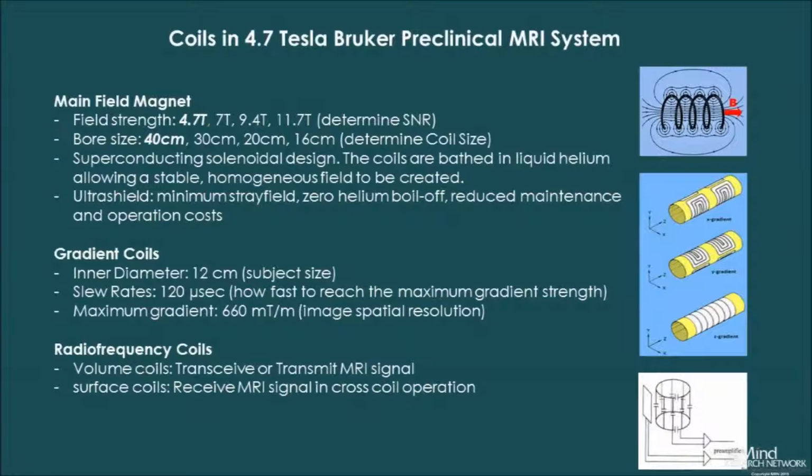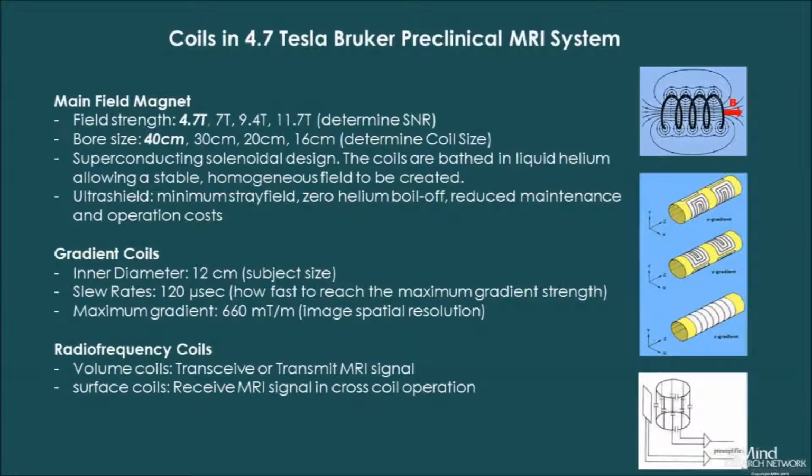And there are also different bore sizes available on the market. We have a 40 centimeter bore, which is big enough to accommodate different kinds of animals. And of course, there are other, smaller bore sizes corresponding to higher field strengths.